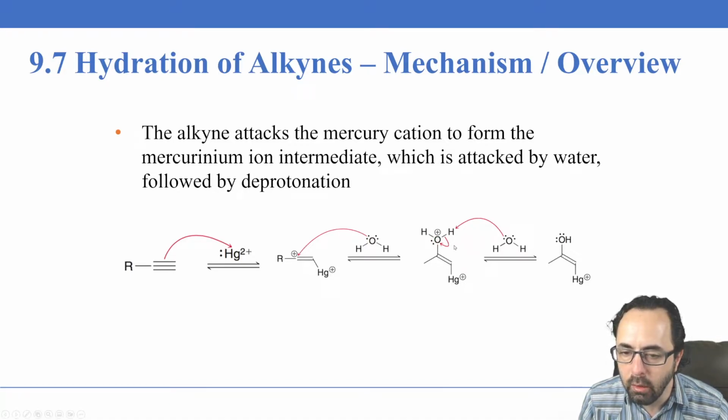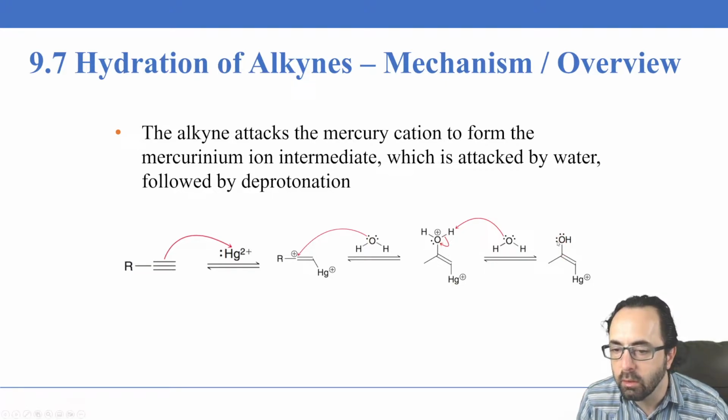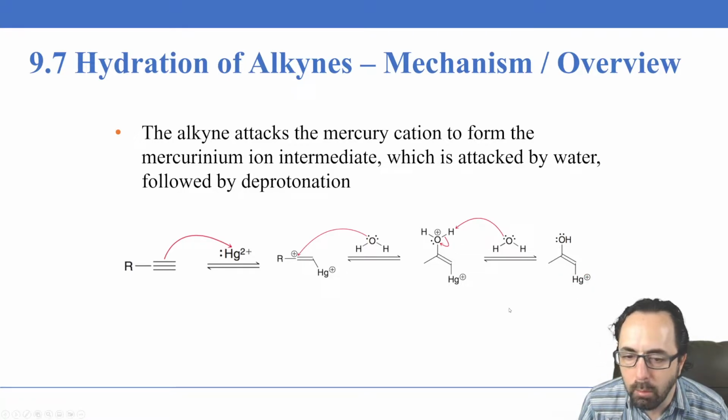So before we get a neutral product, this water that added needs to be deprotonated. Another water molecule comes by, grabs the proton, and leaves these electrons behind. And now we have an oxygen with 2 bonds and 2 lone pairs. It's neutral. We still have this mercury ion with a positive formal charge on it.